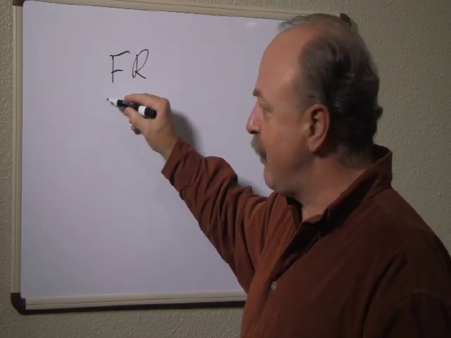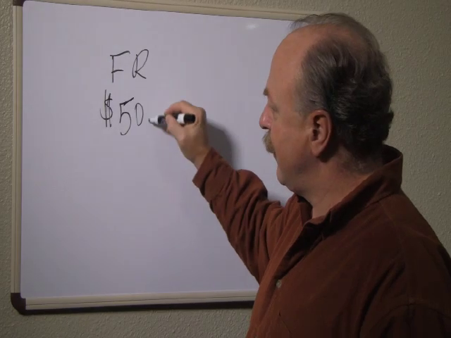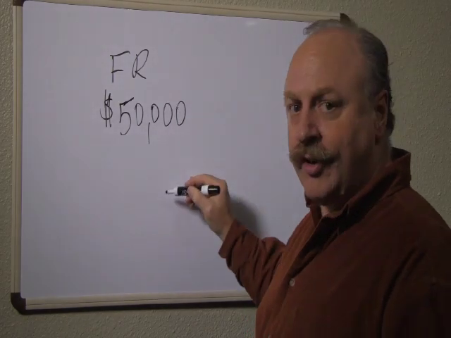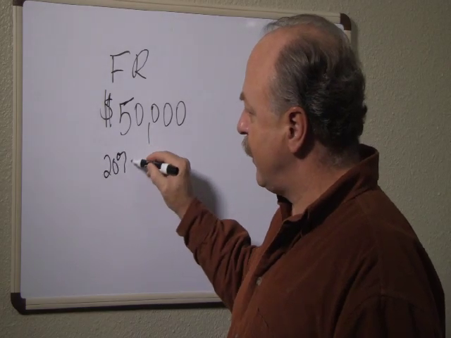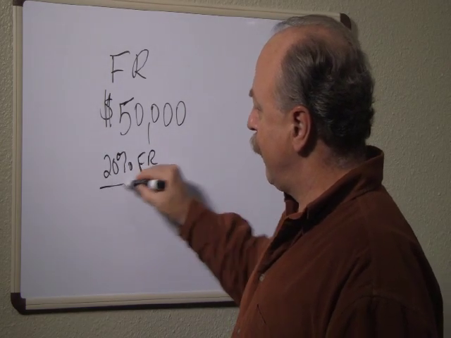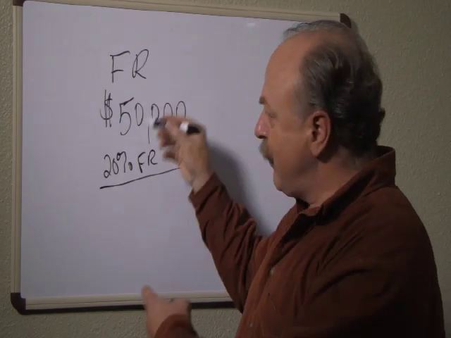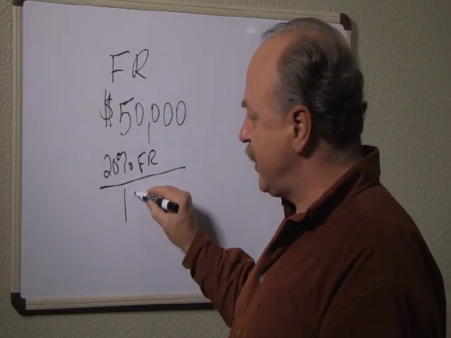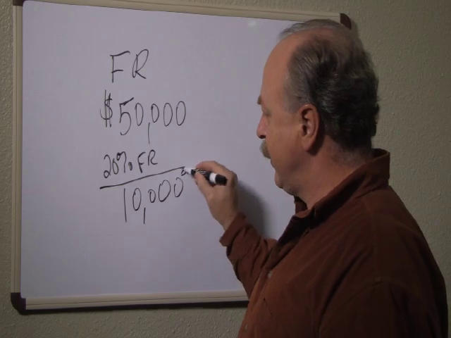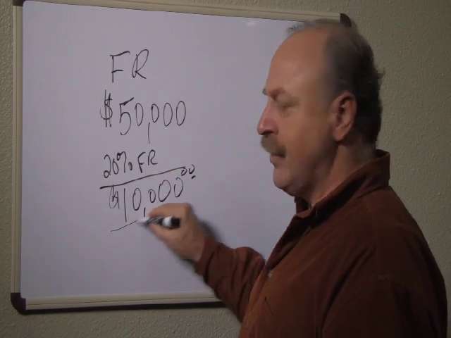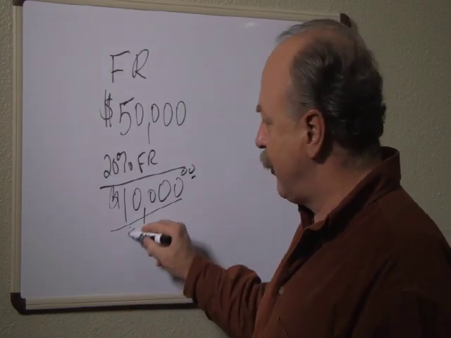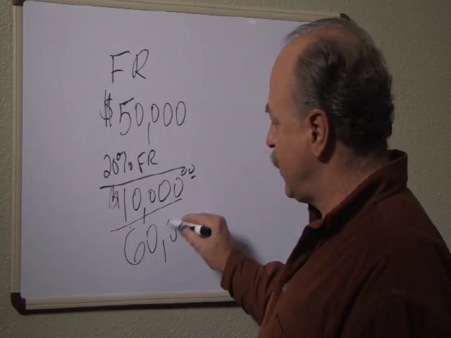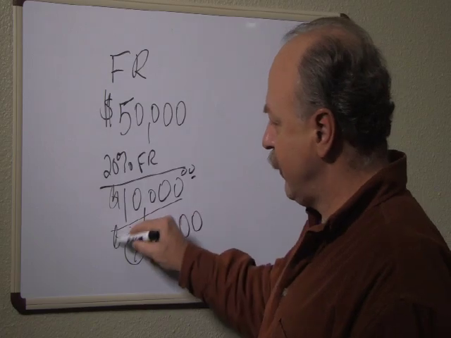So in the event that somebody borrows, let's say, $50,000 from us and has a factoring rate of, let's say, 20%, that would be 20% of 50 grand, which is $10,000. So what the consumer would be paying back on this product would be a gross total of $60,000.